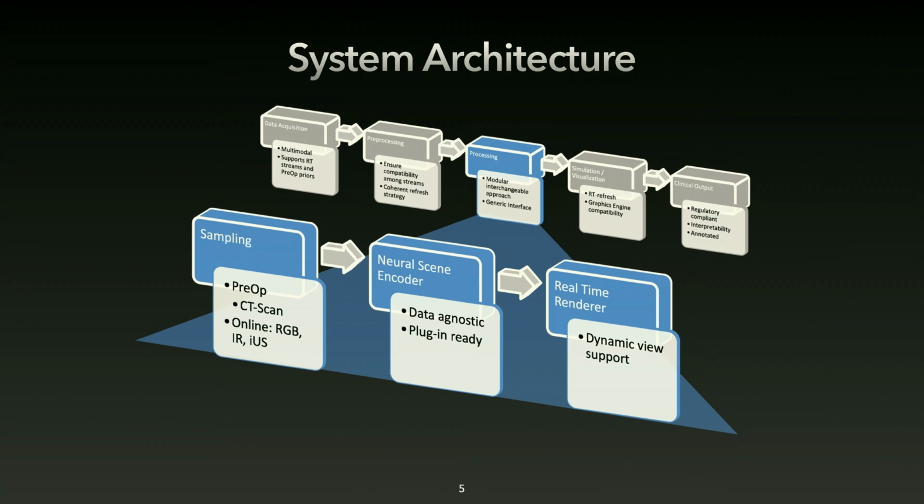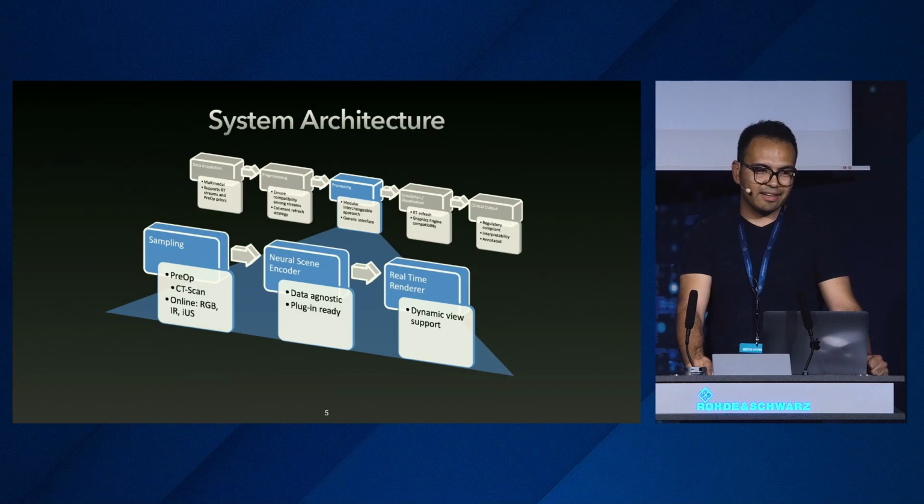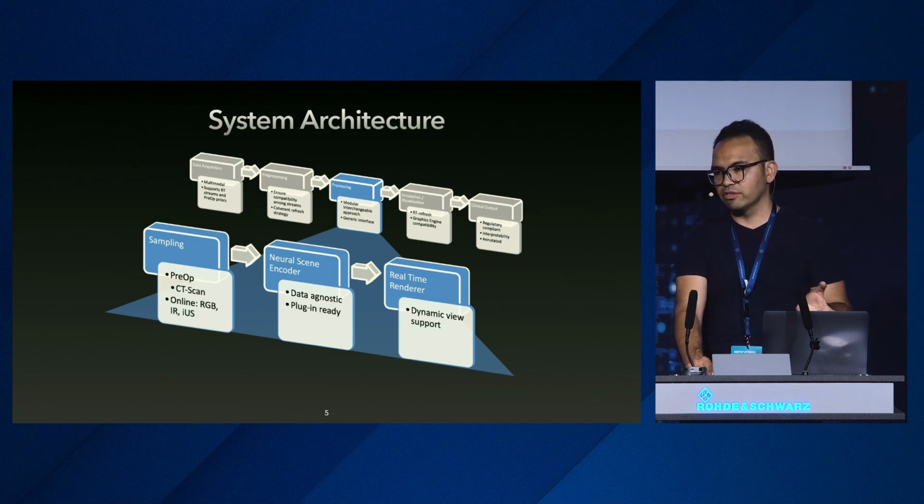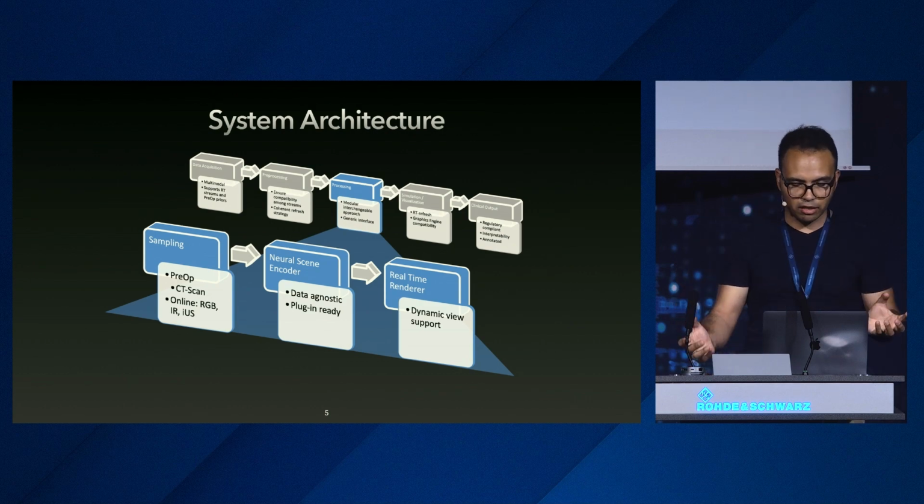Then we have pre-processing, which is bringing everything into a coherent representation such that it can be taken by the next step, which is the processing. The processing is the module we're going to be speaking about today, which is taking care of bringing this coherent representation into something that is intuitive for the surgeon and the operating team to visualize and to analyze offline and online.